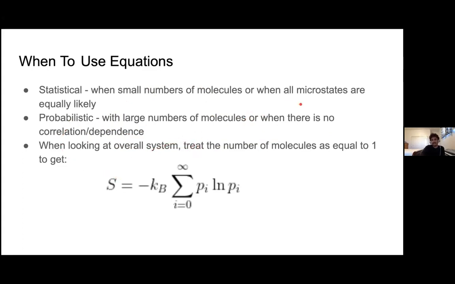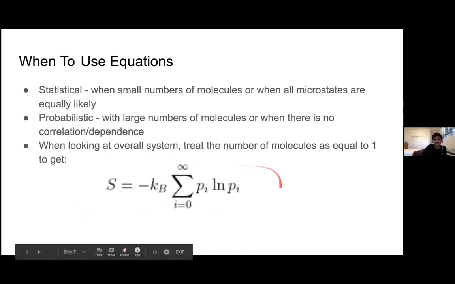And coming back to when all microstates are equally likely, that's the system perspective, right? You can use the statistical definition, but you can also use your probabilistic definition, only if the number of things you're looking at is equal to 1, because you're looking at one system. In that case, you can simplify this equation to this and use your probabilistic definition.